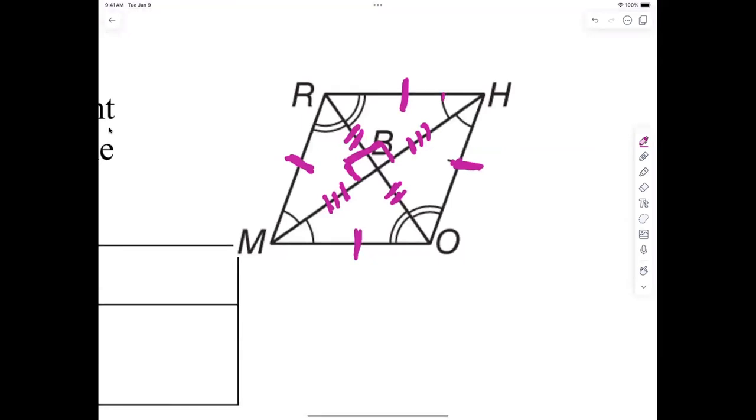Now, let's look at the diagonals. What's true about this angle right here and this angle right here, people? That angle is being bisected by the diagonal, but how do I know that? I know it says it, but you're sitting and taking a test, and the rules aren't going to be posted for you.